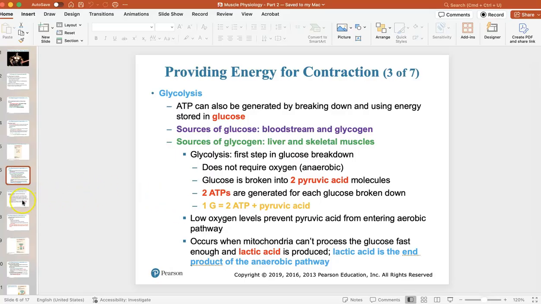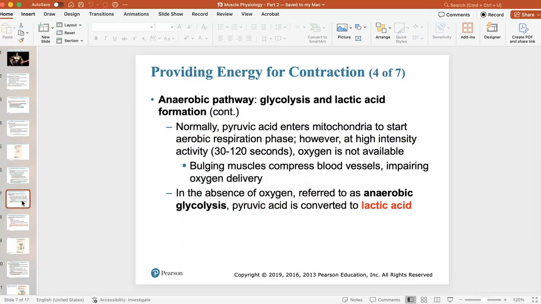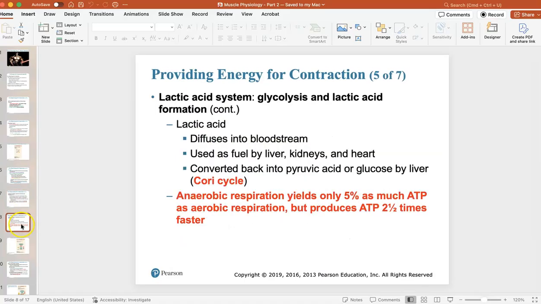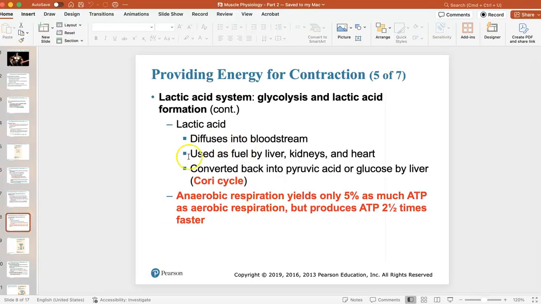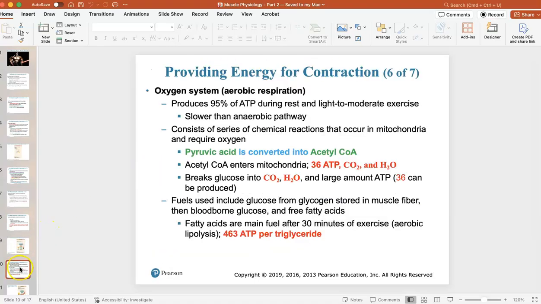So that's glycolysis. I generally mention this: the Cori cycle. That's what we call the body converting the lactic acid back into pyruvic acid.